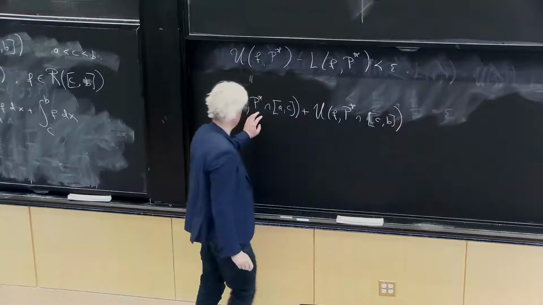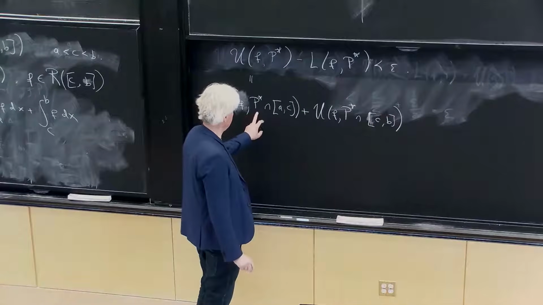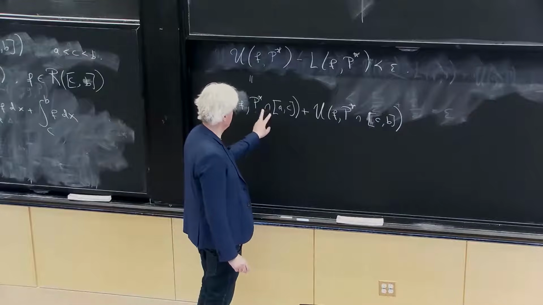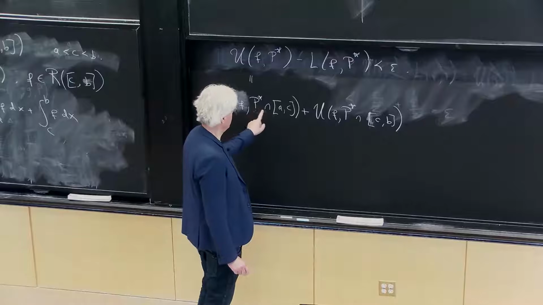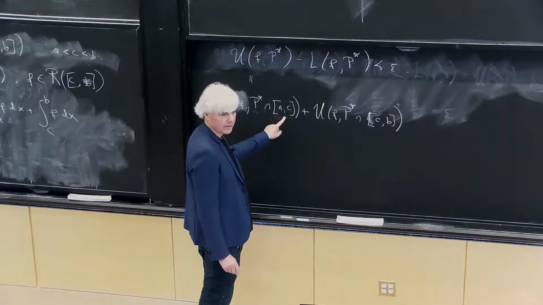Right, when I take the partition and intersect it with the interval, I'm just thinking about the part of the partition that is dividing this interval up.